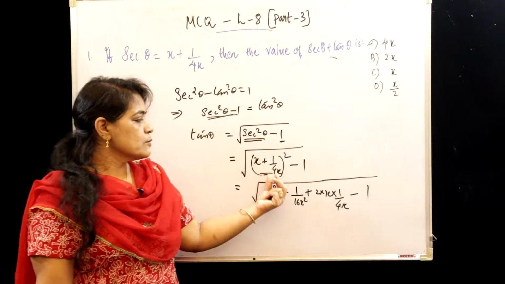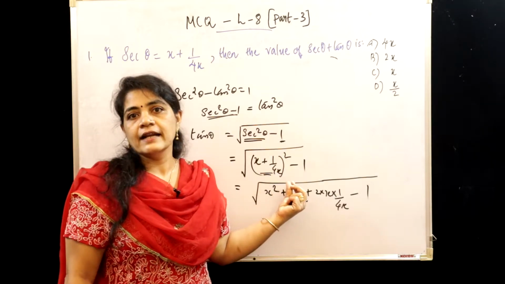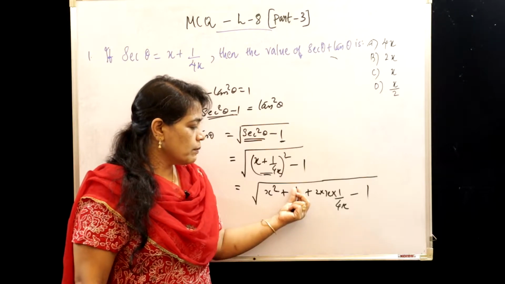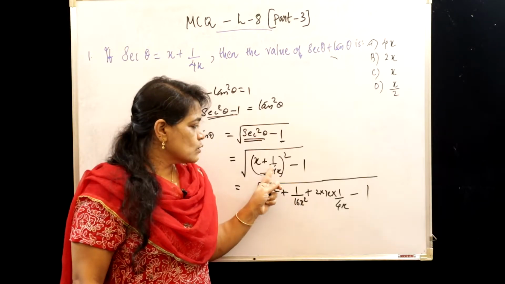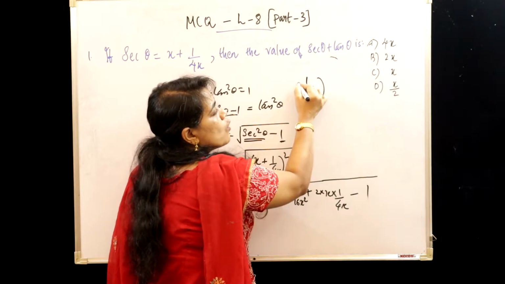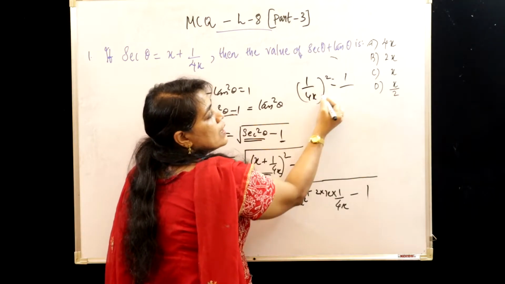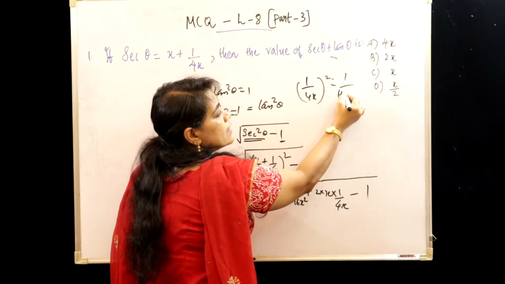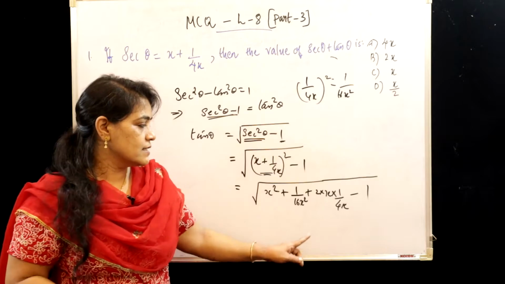We just expanded this expression using the identity a plus b whole square. Here 1 by 4x whole square is 1 square is 1, 4x whole square is 16x square. That is how the denominator 16x square comes.